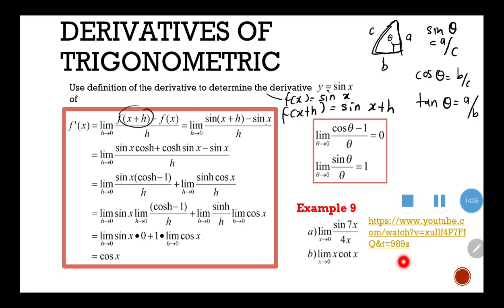So how come from this part here you have this? This is a basic trigonometry identity.